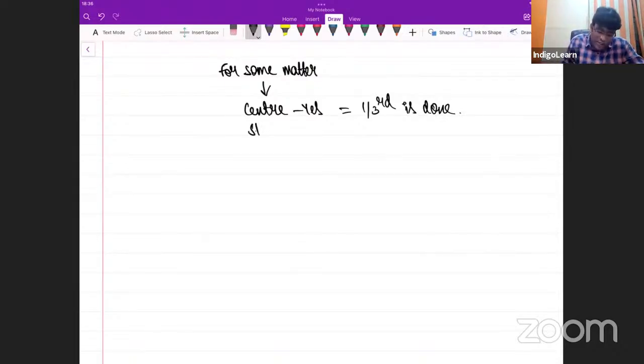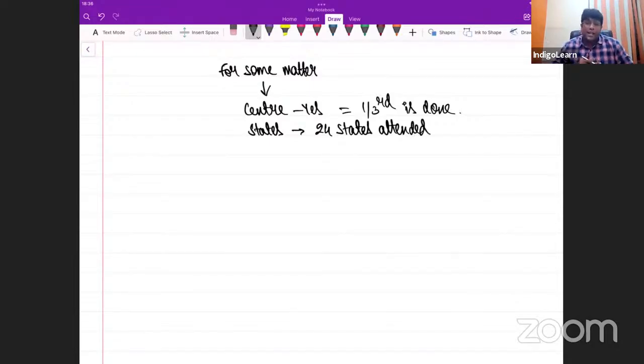Now, for the states, 24 states attended the meeting. It's not necessary that all state persons should come for the meeting. Only 24 state people came to the meeting.